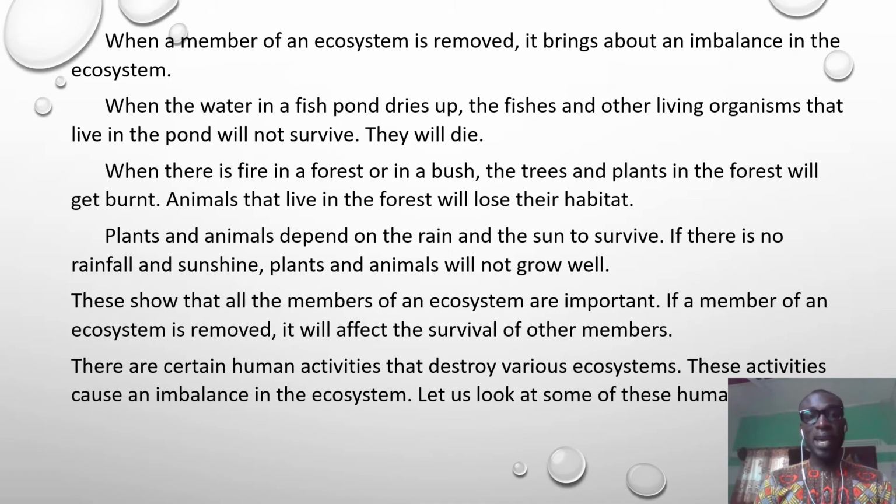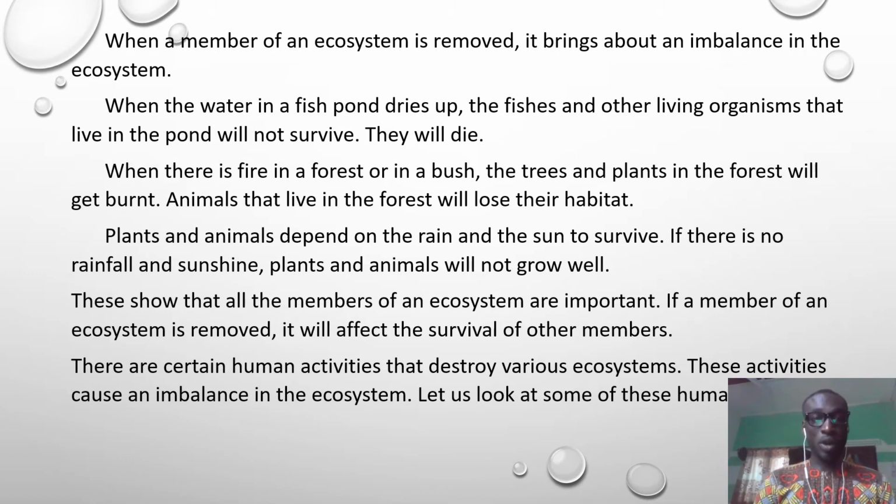When there is a fire in a forest or in a bush, the trees and the plants in the forest will get burnt. Animals that live in the forest will also lose their habitat, and some might even lose their lives as well. Plants and animals depend on the rain and the sun for survival.